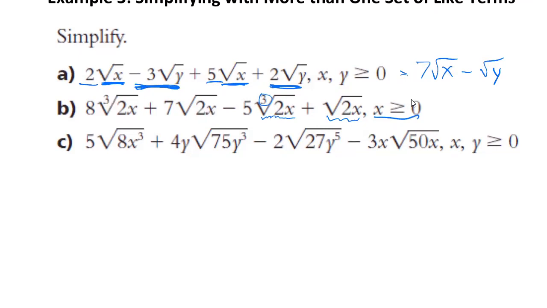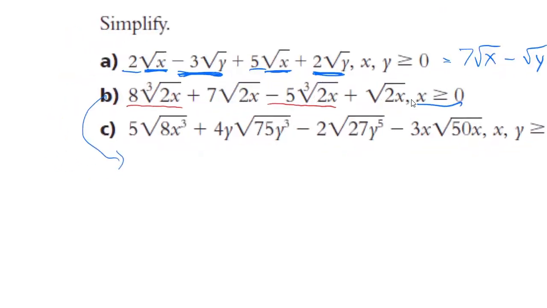Okay, so I can combine this term, 8 cube root 2x, and this term, minus 5 cube root 2x. 8 minus 5 is 3. Don't forget the cube root 2x. And I can combine the other terms, 7 square root 2x plus square root 2x, so just a 1. So 7 plus 1 is 8 square root 2x. Simplified. Done.